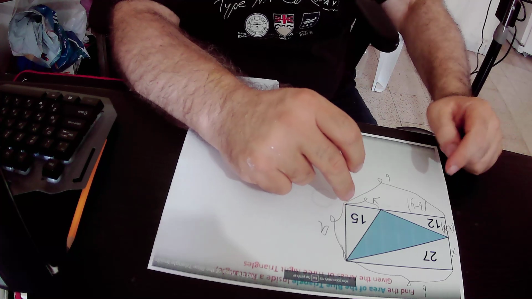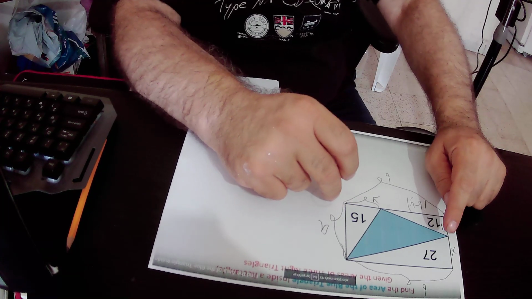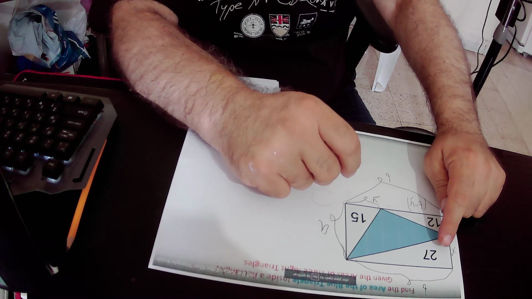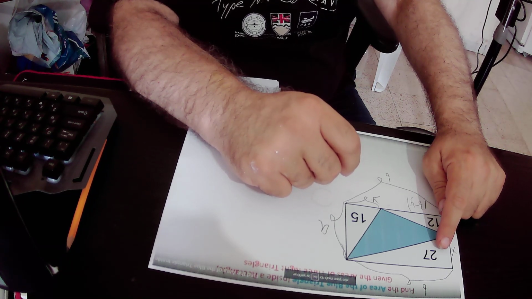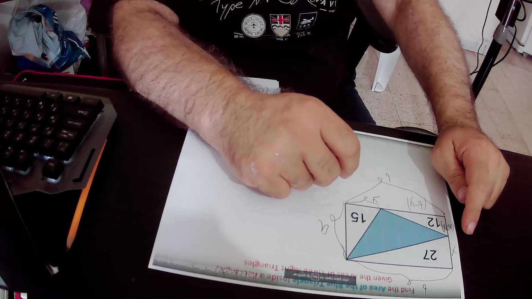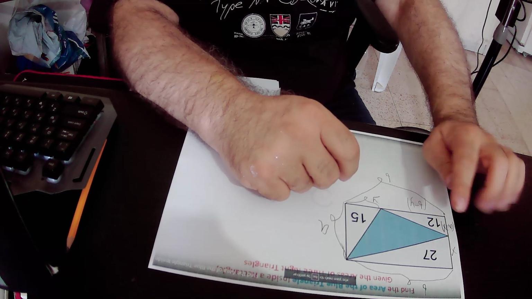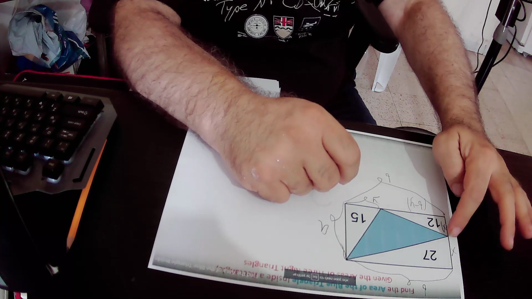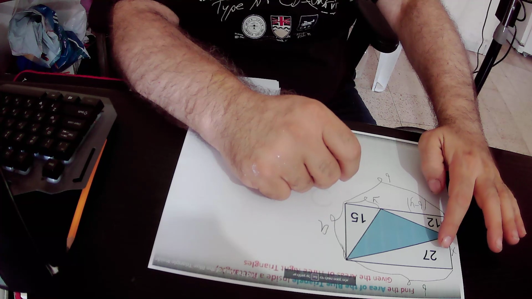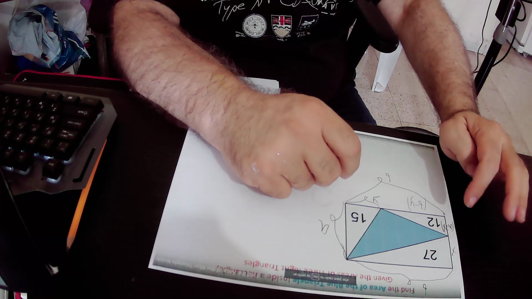The second equation was the formula for the area of this right triangle, which is the base times the height divided by 2, that is b times x divided by 2 equals 27 units.